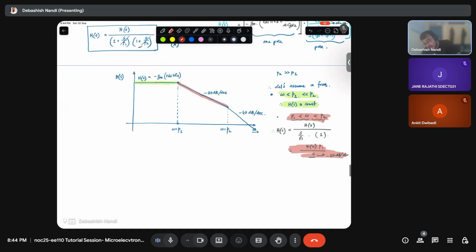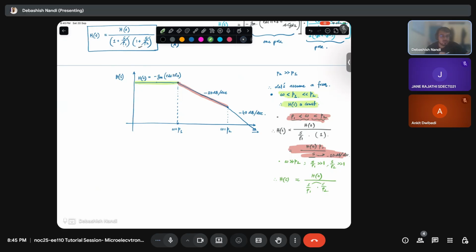And what about the third case? Let's say omega is greater than P2. Obviously s by P1 will be much greater than 1, and s by P2 will be much greater than 1. So my H(s) will assume a form of H(0) divided by s by P1 times s by P2.